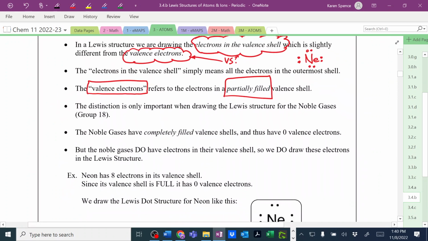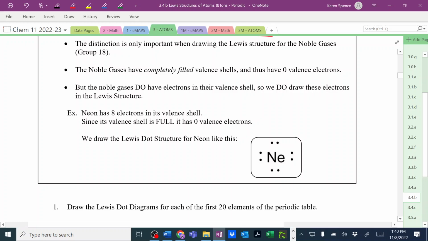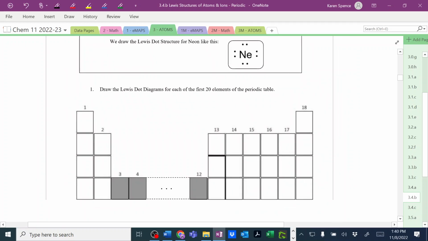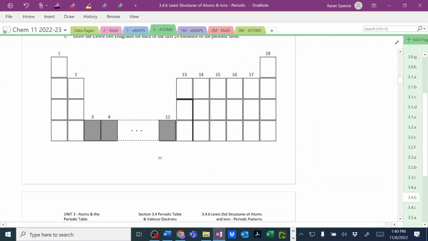But like I said, don't get too worked up about it. All it means is that even though neon technically has 0 valence electrons, we still draw all the dots for it to show that it's full. Okay? And that's it for that. So you can practice drawing Lewis dot diagrams for the first 20 elements on the periodic table.